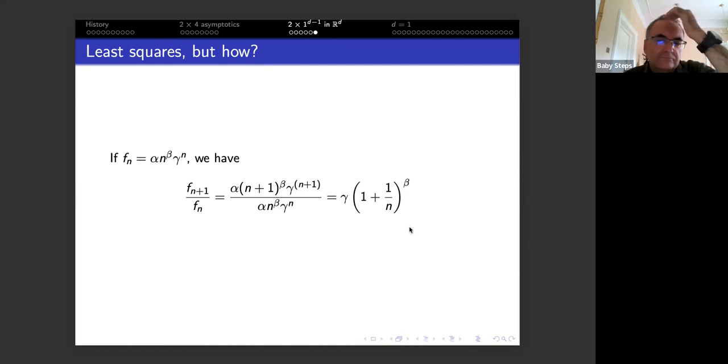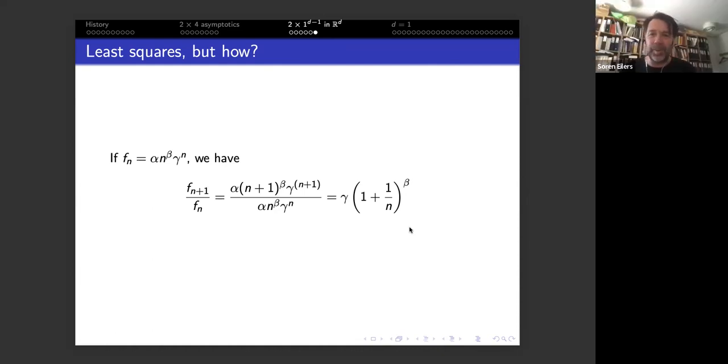And this is hard because these are numbers that I don't know very well, but there's a trick that is often used in the physics literature. So you take these fractions, and then you say, well, if you believe my formula, then the numerator looks like this. I just put in n plus 1 instead of n, and the denominator looks like this. And then when you factor out, you get gamma out as a constant, and then you get 1 plus 1 over n to a power beta.